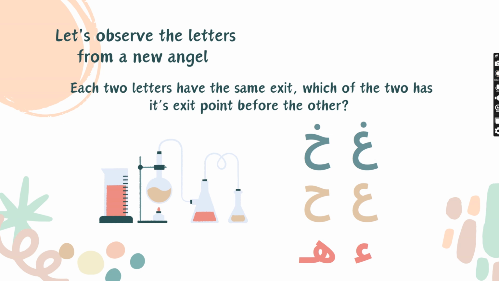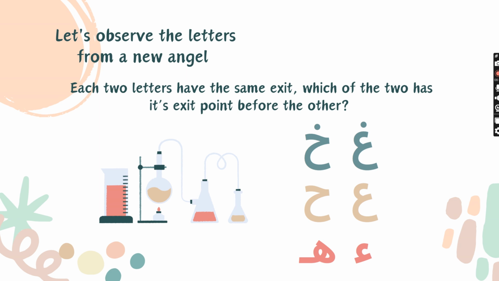All this we got from just examining those letters. And we really need to learn to detect the letter exactly as we are doing now. So let us try with the hamza and the ha.